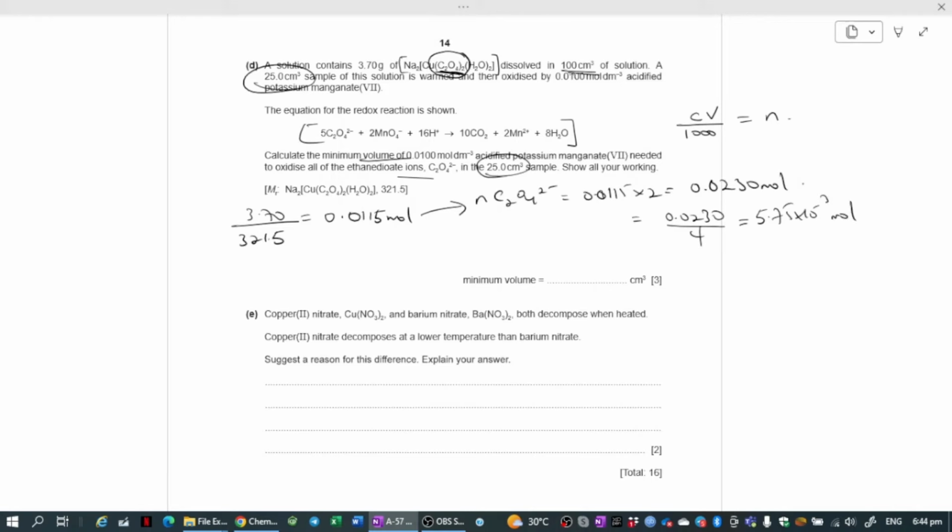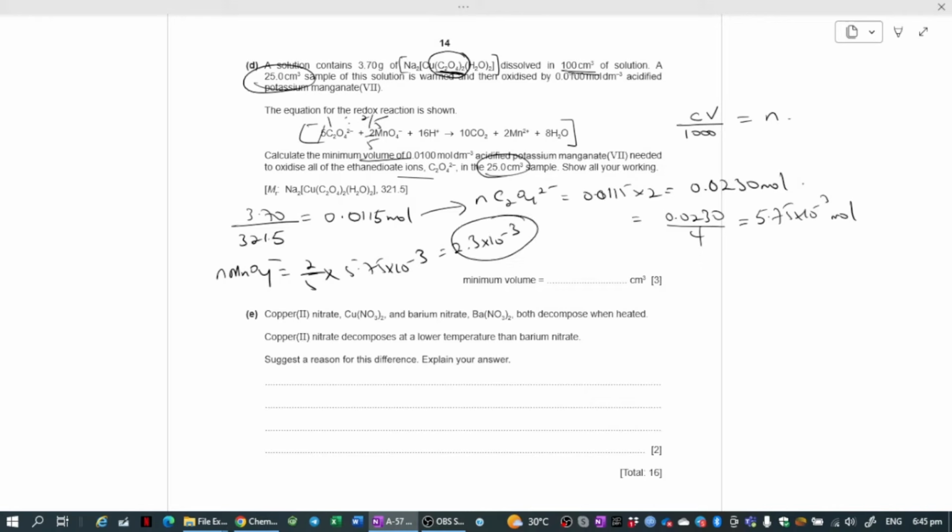And the mole ratio of ethane dioate to manganate is 5 to 2. Therefore, if we divide by 5, we get 2/5. So it's a 1 to 2/5 ratio. So the number of moles of permanganate would be equal to 2/5 by 5.75 by 10 to the minus 3, which is 2.3 by 10 to the minus 3.